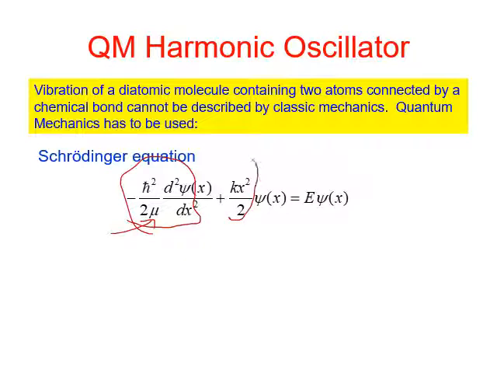Here is the potential energy of the harmonic oscillator and total energy E. Now remember, in the 1D box model, potential energy is 0. So that makes the equation a second order linear differential equation, which can be easily solved. But in this case, potential energy is a function of x, and that makes this equation non-linear. And although we can solve it, it takes too much time for the class. So here we are going to show you the result.